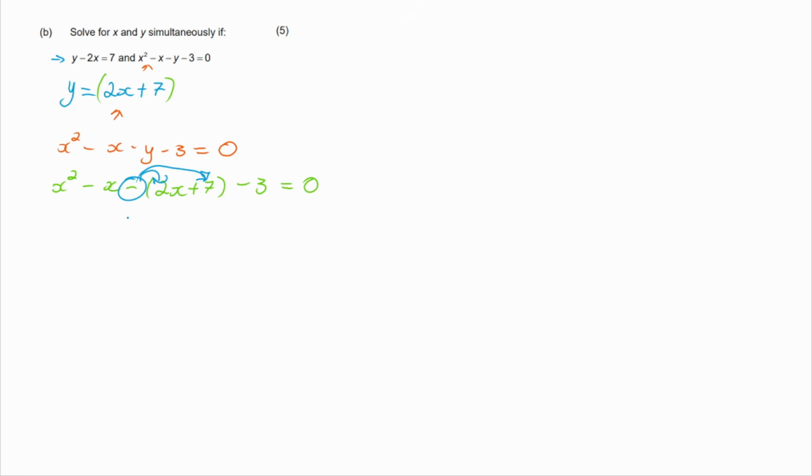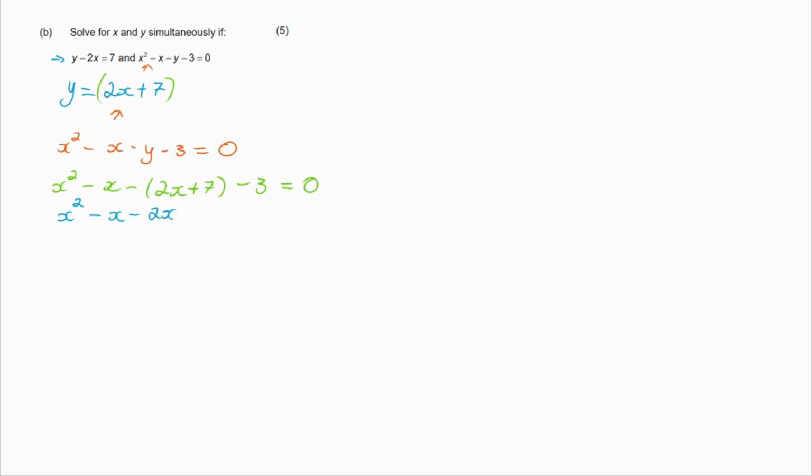If you just put minus 2x plus 7, that would be wrong. So I really recommend putting these brackets when you substitute, anytime you substitute, not just in this section. It's super helpful.